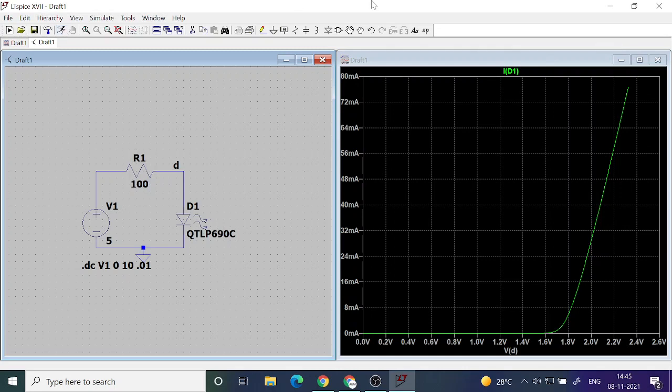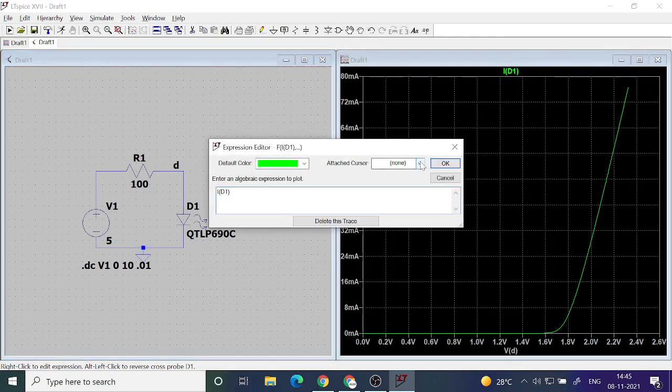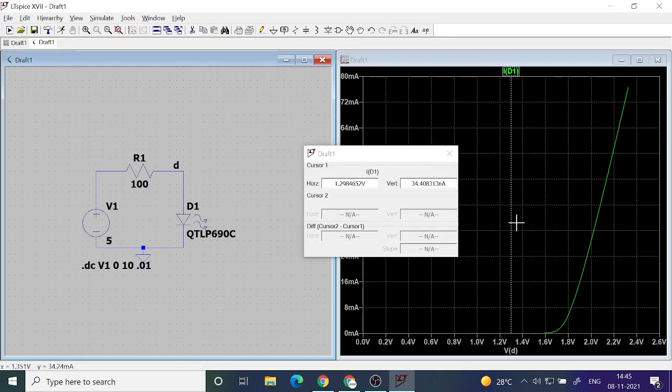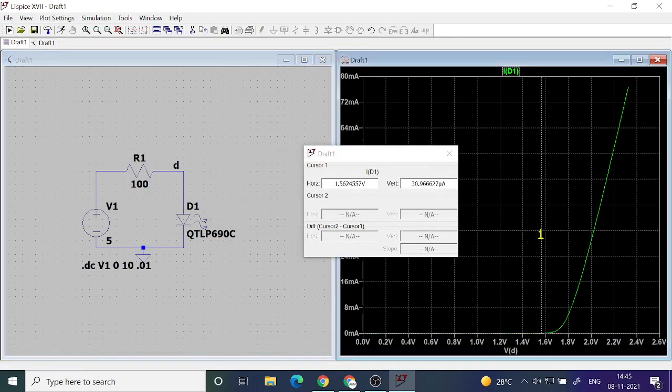Okay, so now if you look at the cut-in voltage as before, you take a cursor and put it when current is 1 milliampere. Yeah, so this is 1 milliampere.